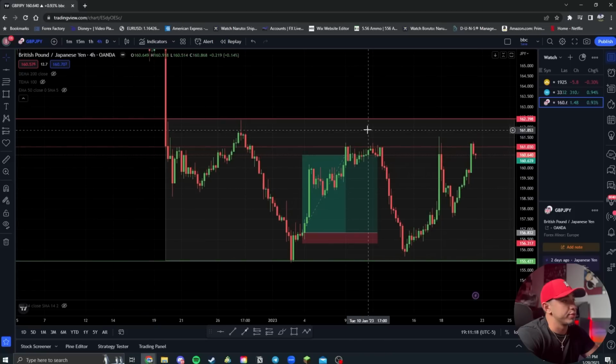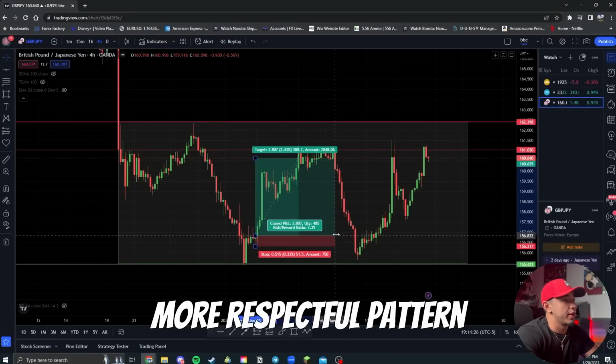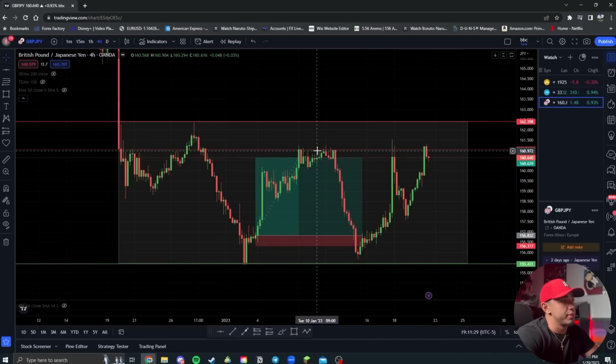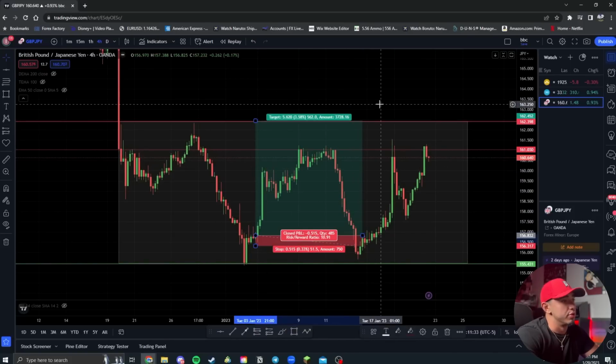But with having this rectangular box around it, I could actually see if price did want to continue going up, and it would have done a more respectful pattern when it comes to being bullish, I would have been able to drag this out all the way up to here to catch that whole entire move.